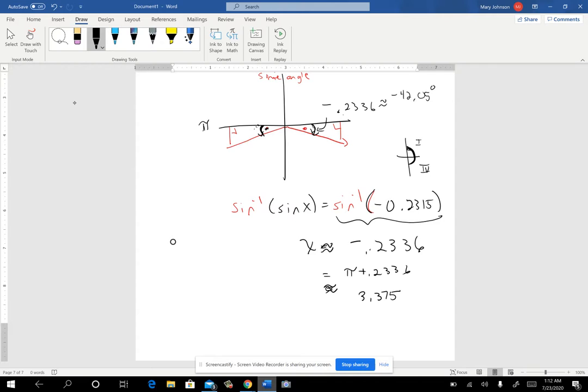But this really makes sense, because isn't pi the number 3.14? And see how you're just past that a little bit? You're past that by 0.2336. No, I put the decimal in the wrong spot. I was wondering why that was so off. So that's where the 3.3736 would come from.